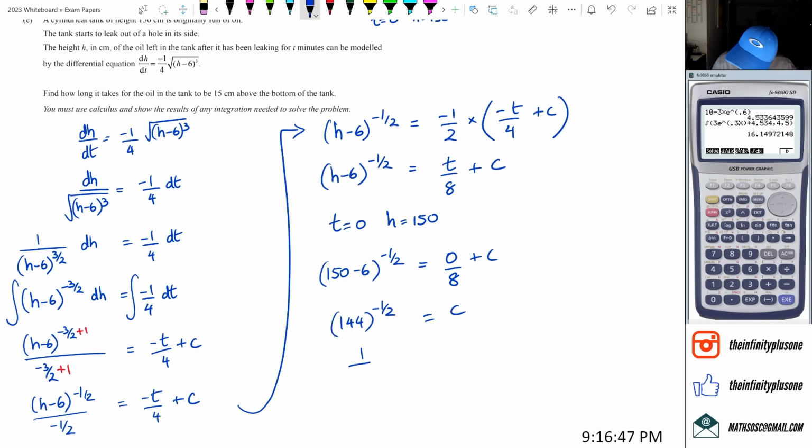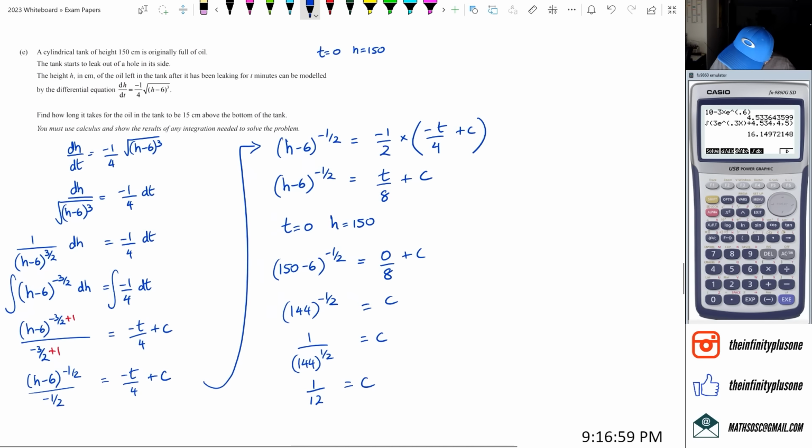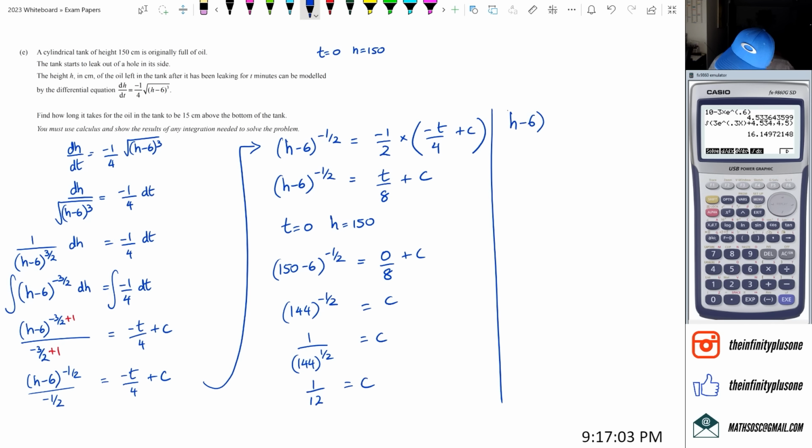It's the same thing as saying 1 over 144 to the power of half, and you know, square root of 144 is 12. So 1 over 12 is equal to c. So our equation is h minus 6 to the power of negative half is equal to t over 8 plus 1 over 12.